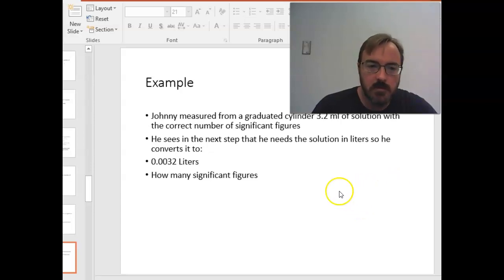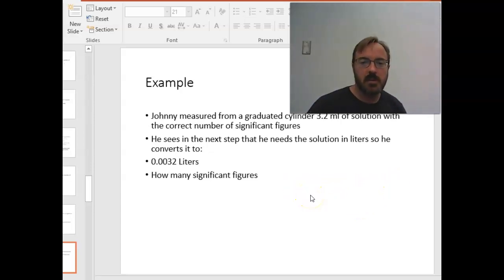So here's an example for you. Johnny measured from a graduated cylinder 3.2 milliliters of solution with the correct number of significant figures. He sees the next step that he needs the solution in liters, so he's going to convert that to liters.